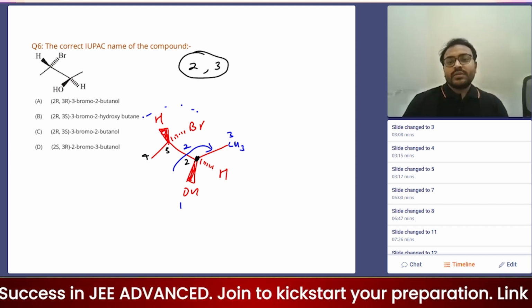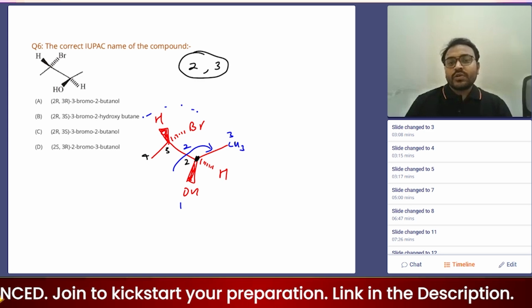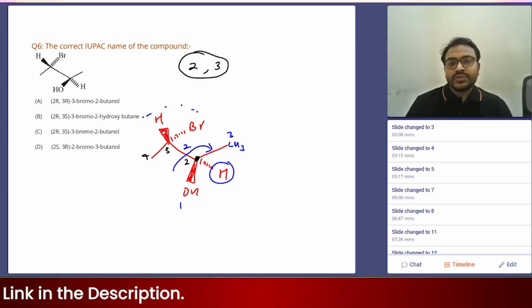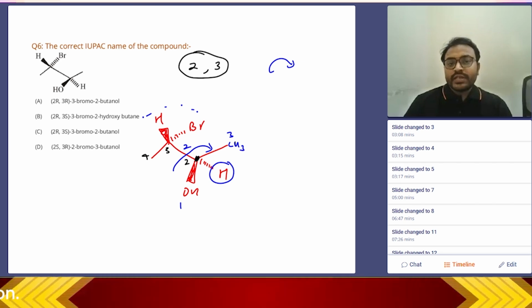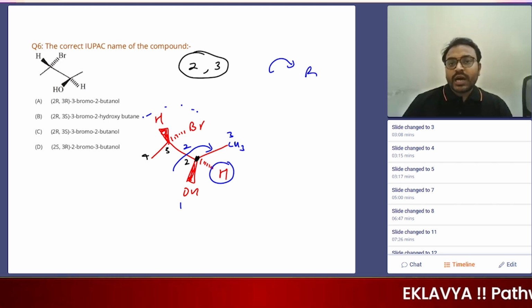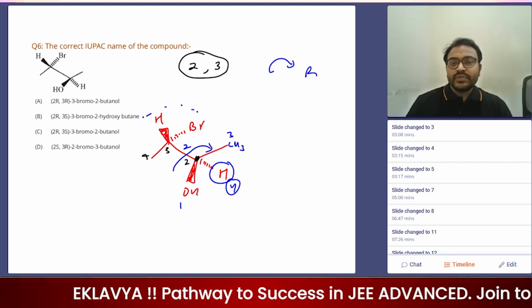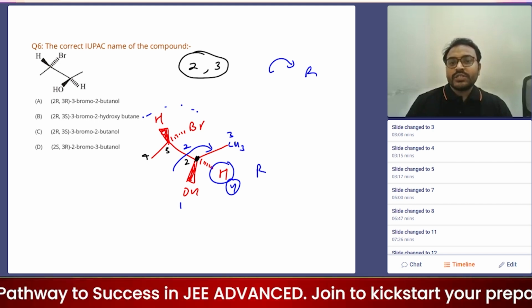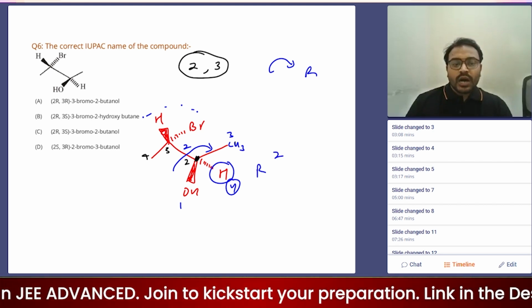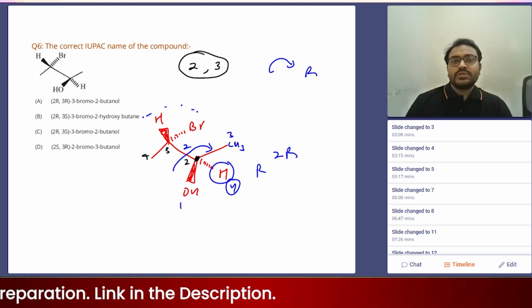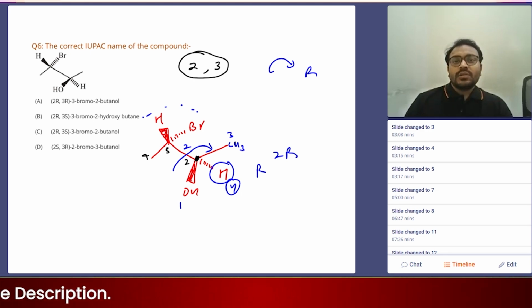And this hydrogen is also at the dash position, right? So for clockwise rotation the configuration is R, and yes, the hydrogen, the fourth priority group, is at the lowest position, so this will be R. So for the second carbon the configuration is R.